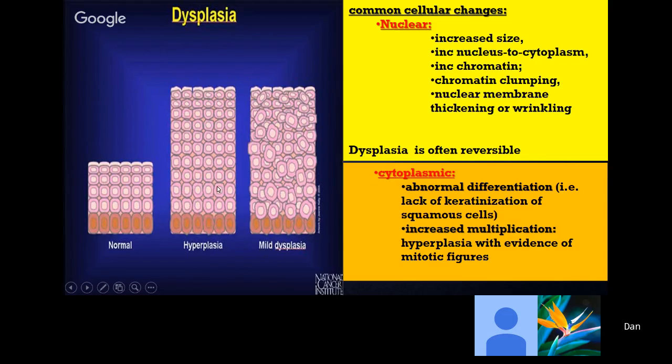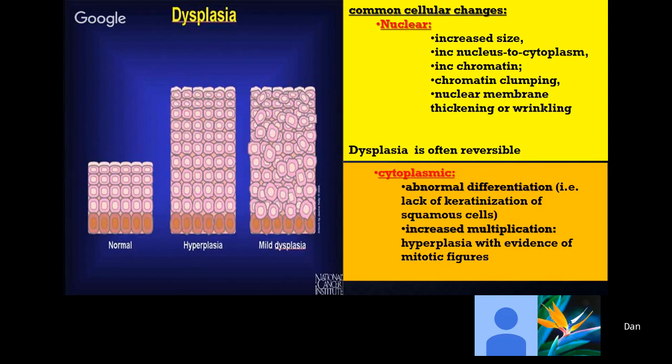Okay, so remember, usually if you have hyperplasia, which is an increase in the number of cells, like in here, usually hyperplasia is caused by a change in function, an increase of the function of that specific organ.